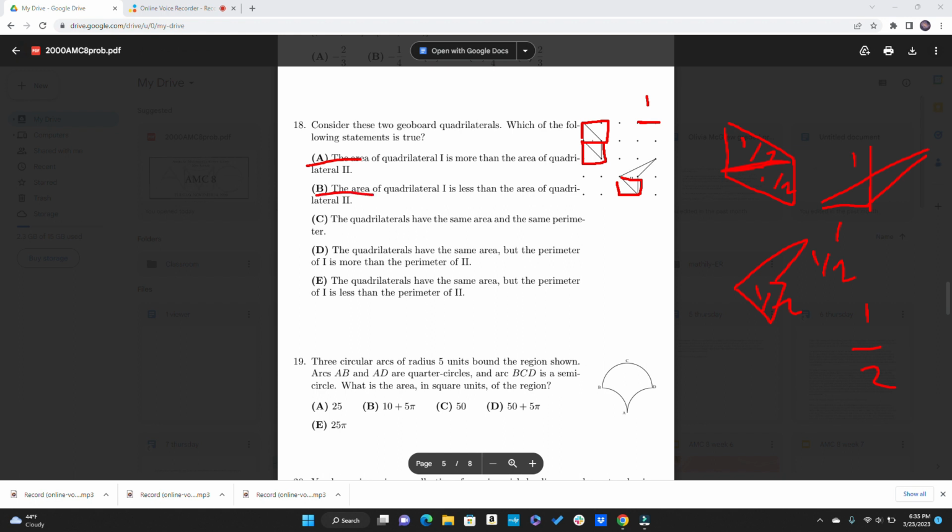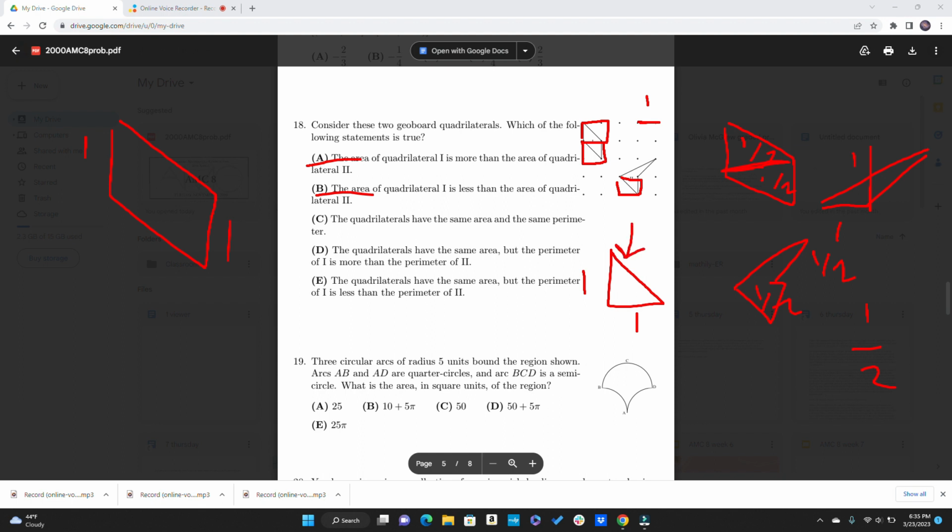Okay, now we need to figure out their perimeters. So we can look at number 1. We see wherever there's a straight line, that is 1, right? We already determined that. What about the tilted one? Well, that's part of a triangle that has side length 1, right? So we're basically solving for this hypotenuse, the long side of the triangle.